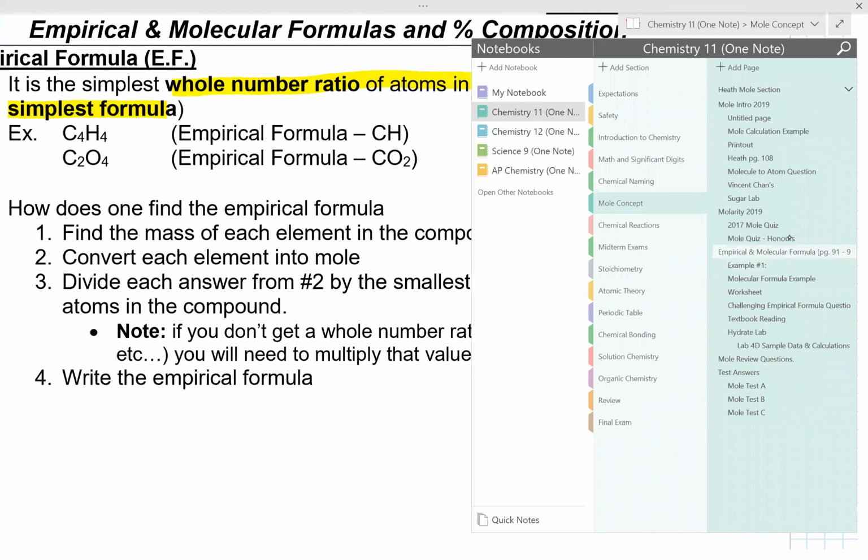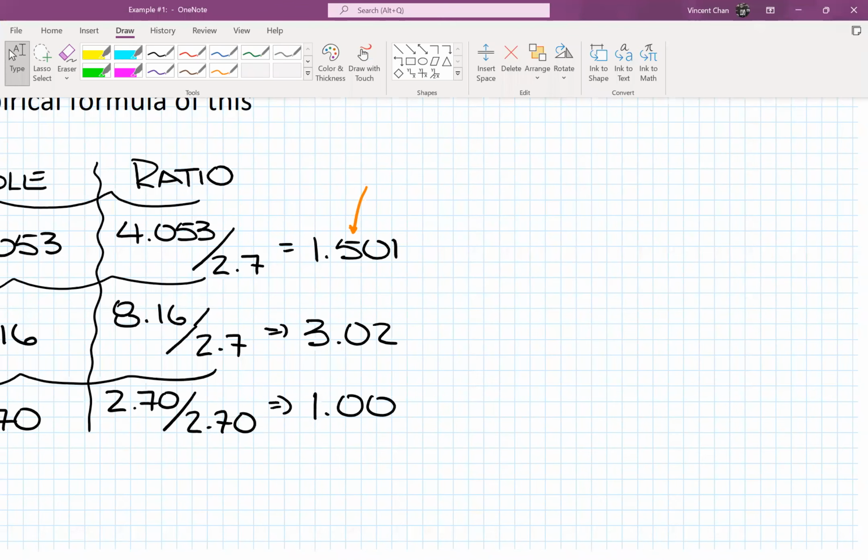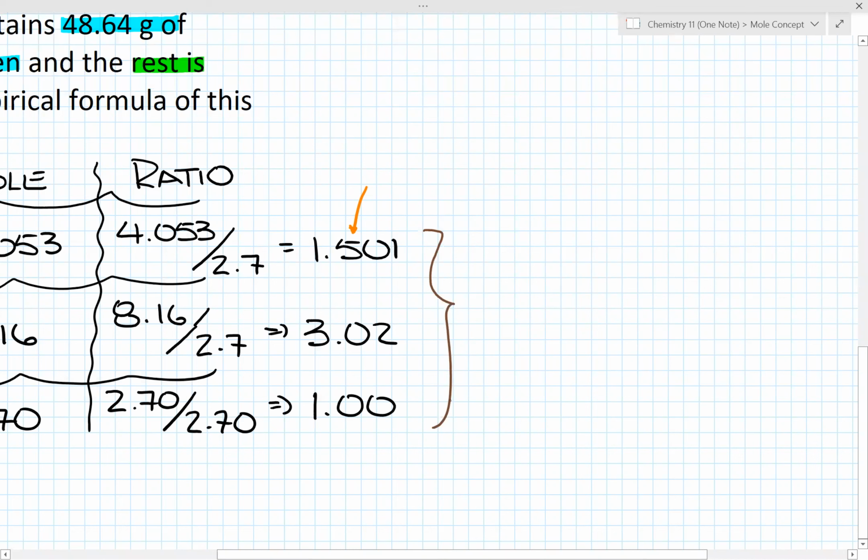So in this particular case, let's say you have 1.5. You don't know if you can round up or round down. So in this case, you want to multiply it by 2. So you get 3.002, 6.04, and then you have 2.00. Now, notice these numbers are a little bit cleaner than the 1.5.